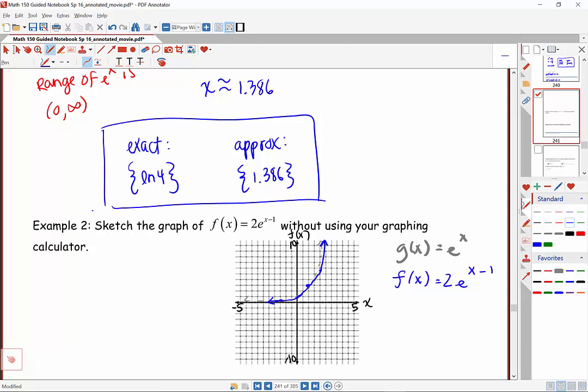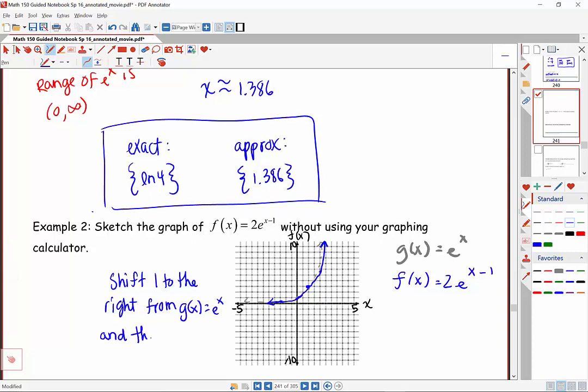Something like that using the translations. So long story short, shift 1 to the right from g of x is e to the x, and then double.